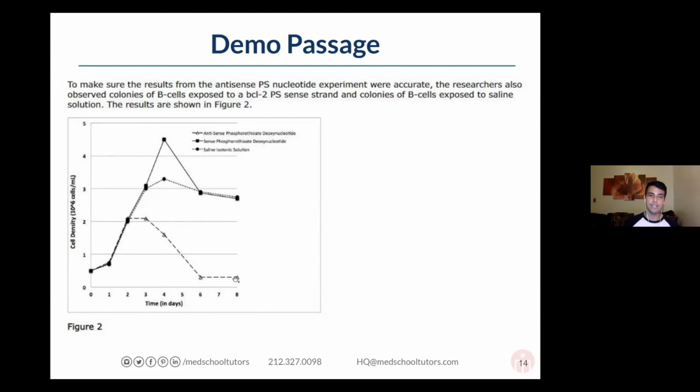So what does that tell us? When we take out the BCL2 gene, or silence its expression, you get less cell growth. And you'd be able to deduce from that what BCL2 is used for, right?